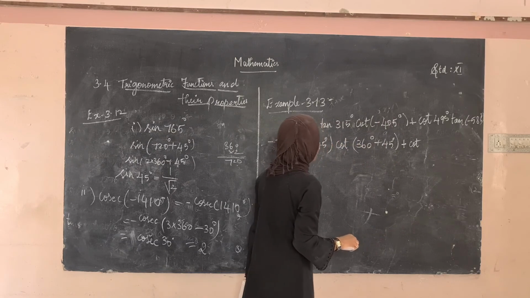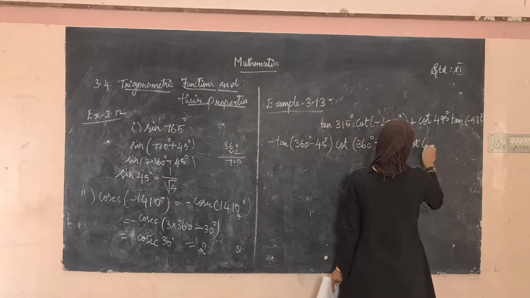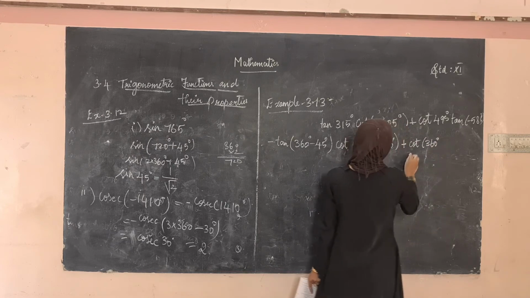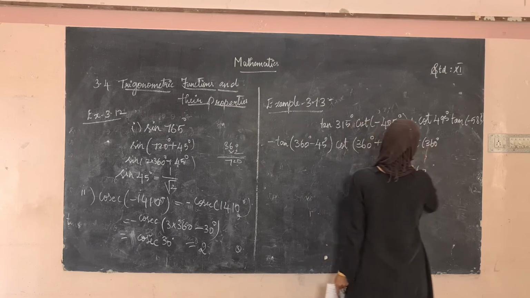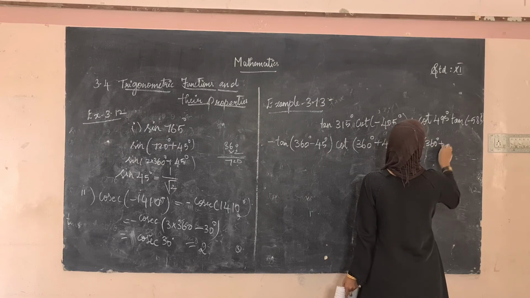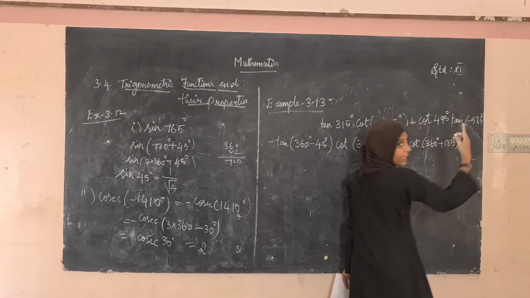495, cot of 495. So 360 degree, what is 495 minus 360? 135, right? 135. So plus 135 degree. So tan of minus theta is minus tan theta.